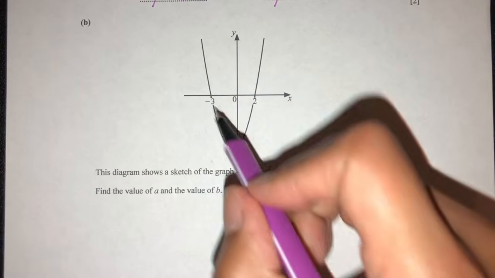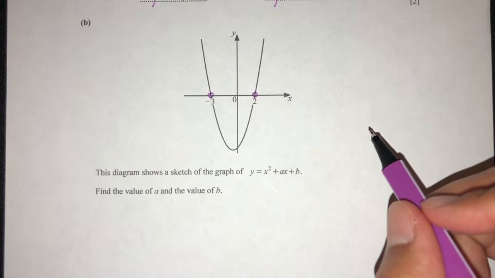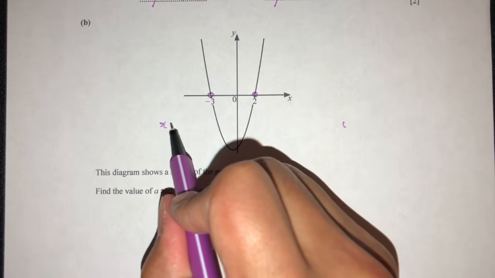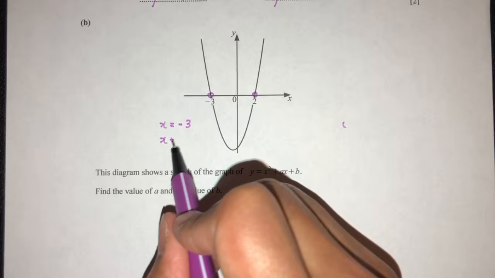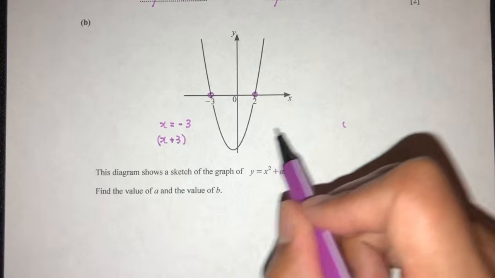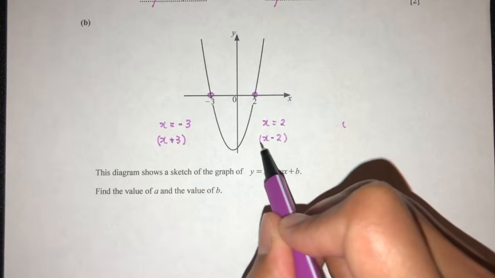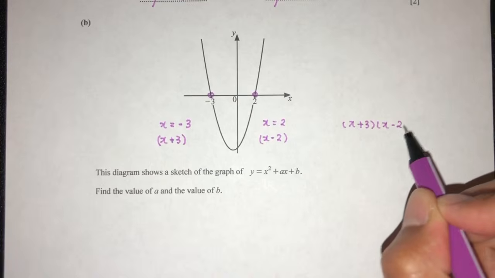For example, usually, when you have these values here, these are factors when y equal to 0. Here we have x equal to minus 3, so x plus 3 will be a factor. X equal to 2, so x minus 2 will be a factor. If you multiply the factors to each other, it will give you back the equation of the curve.